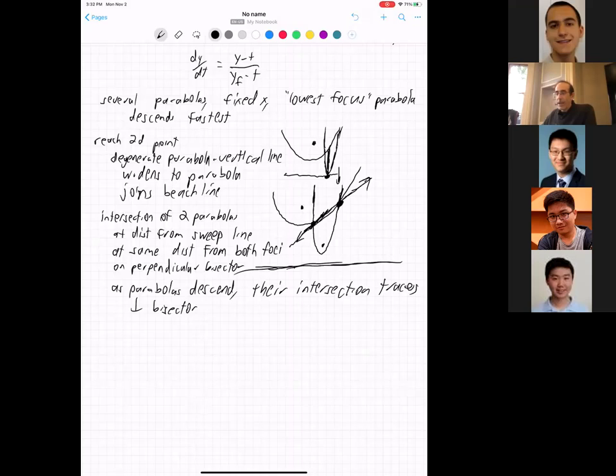It's going to trace out the bisector in the other direction. Make sense? Now you notice this doesn't violate what we said, because this bisector in the other direction is still outside of the beach line. So we're going to be discovering things moving backwards, but they're still going to be outside of the beach line. Clear?